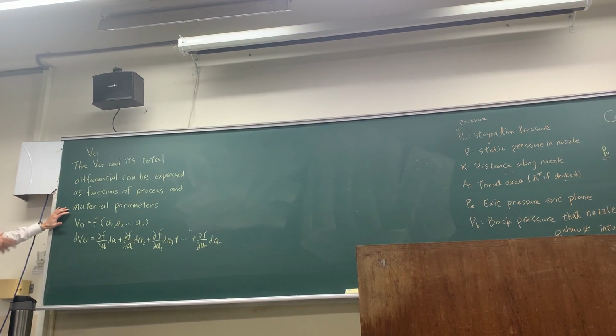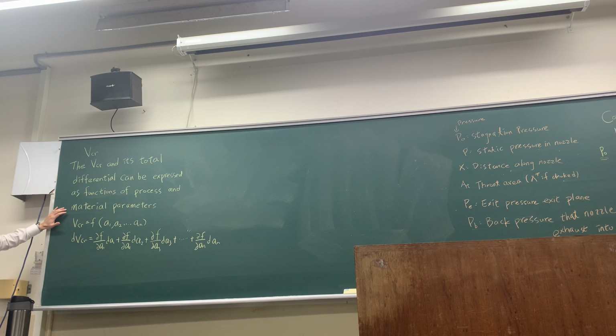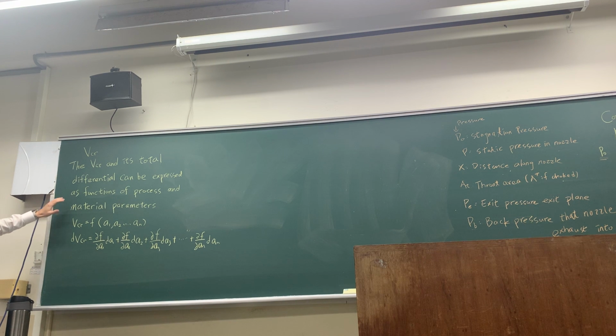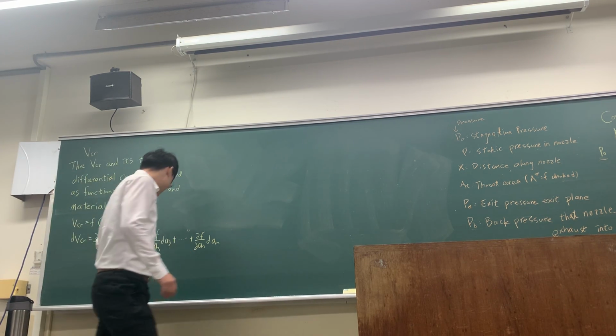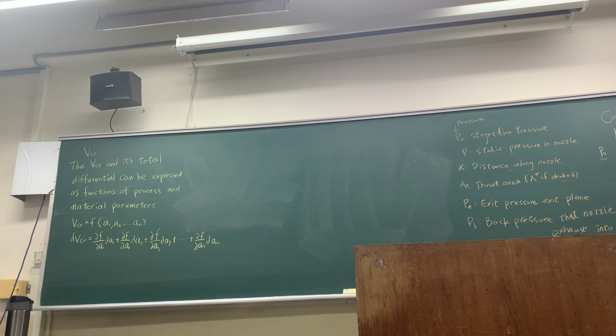So over here, what I'm writing down is how the author came up with this equation. Basically what he has done is take the process and material parameters and write them into a function, right? I have not finished writing this equation.